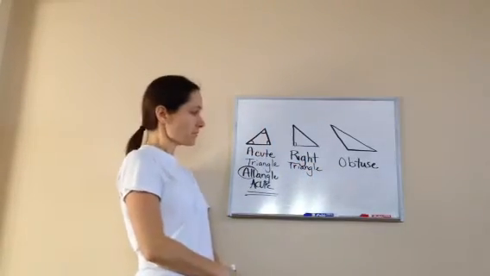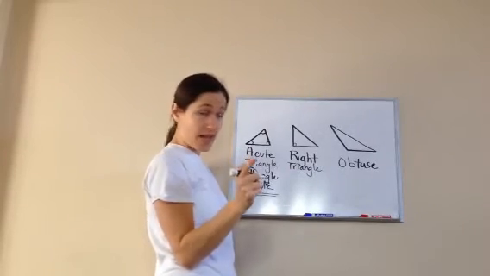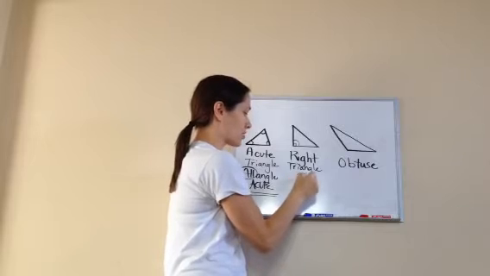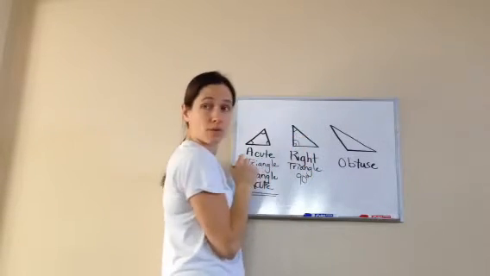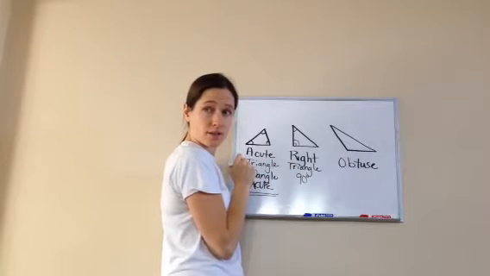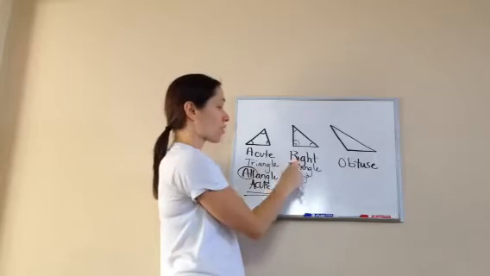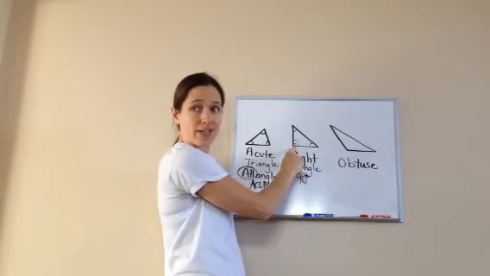Okay. So what I want you to know about the right triangle is that one angle is 90 degrees perfectly. But look right here. What kind of angle is that? Acute and acute.